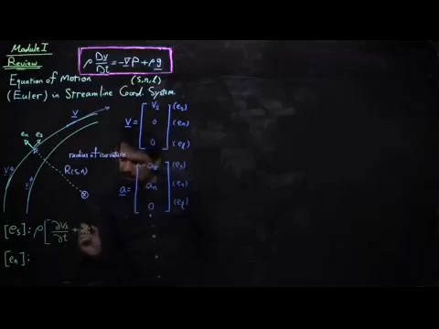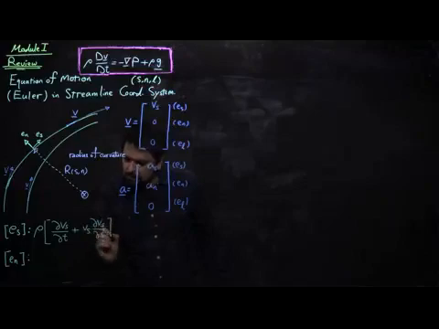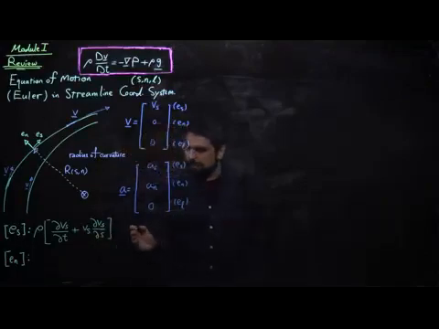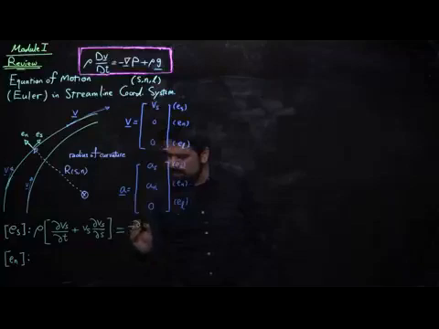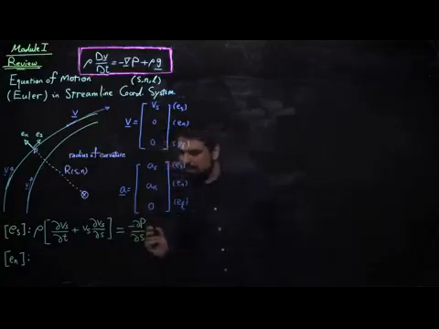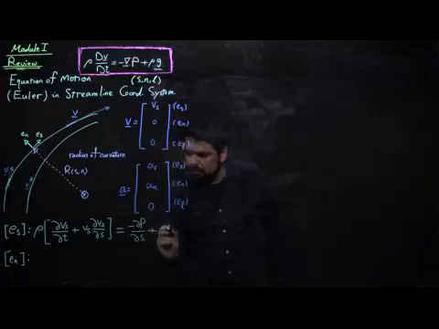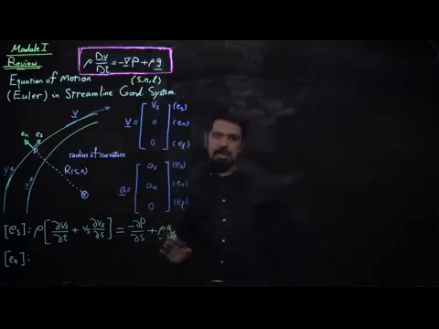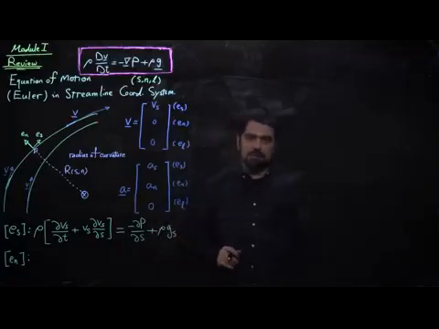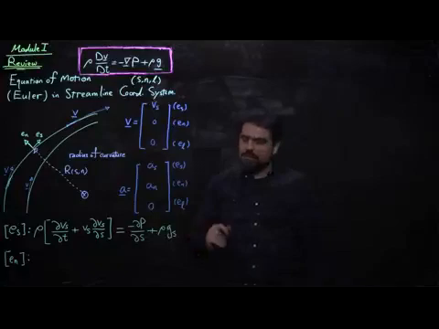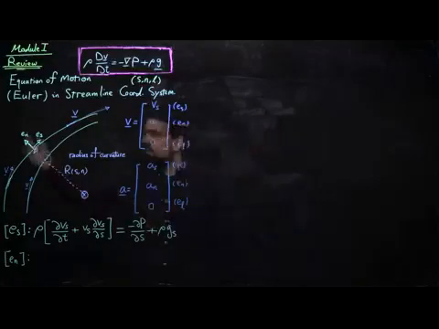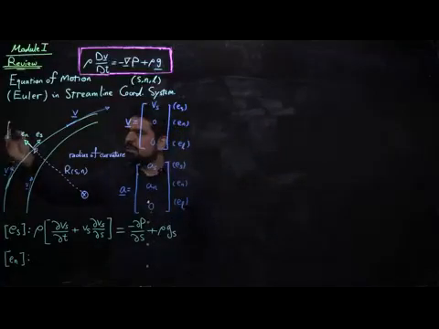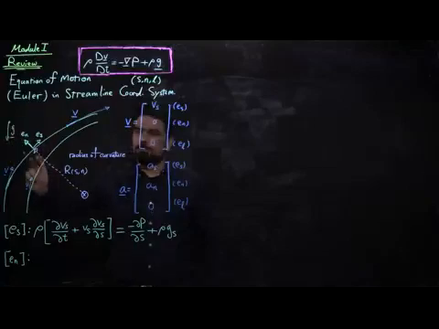The second term is the advective term, which is Vs dVs over ds. And this is all we have on the left-hand side. On the right-hand side, we have the gradient of the pressure with respect to S. And we have the component of the gravitational field, rho g, but only the S component of the gravitational vector g enters our calculations. Because remember, if g, for example, is like this, we need to only take the S component of it.